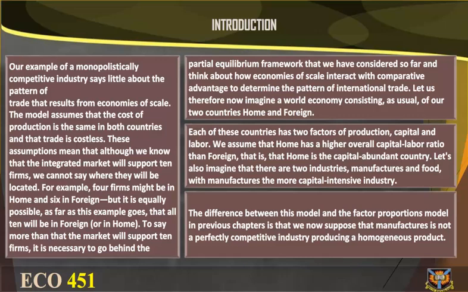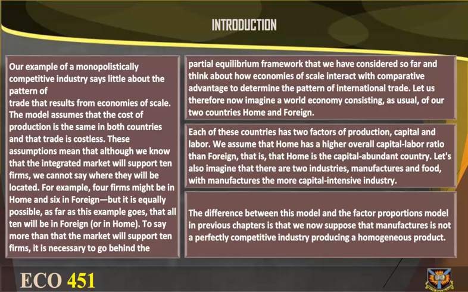it is necessary to go behind the partial equilibrium framework that we have considered so far and think about how economies of scale interact with comparative advantage to determine the pattern of international trade. Let us therefore now imagine a world economy consisting, as usual, of our 2 countries, home and foreign.